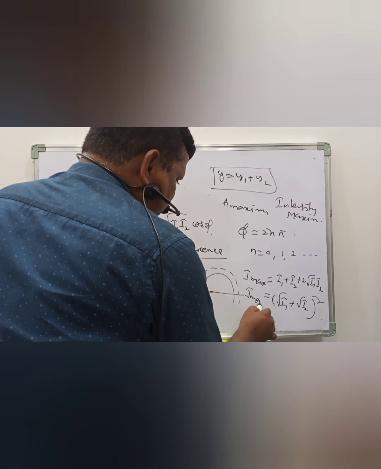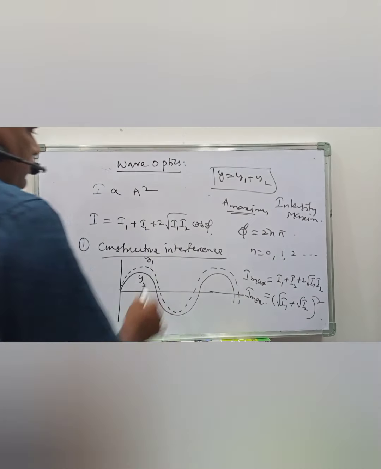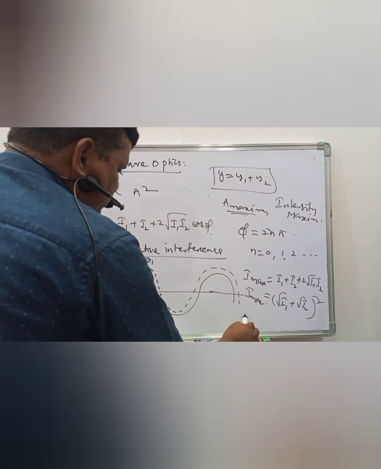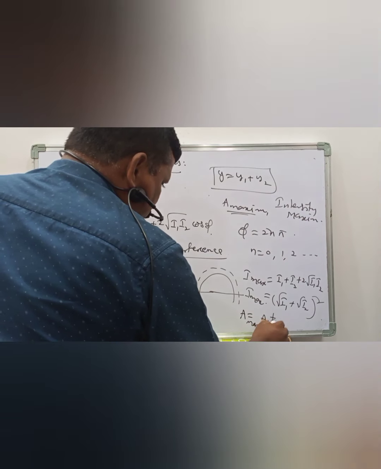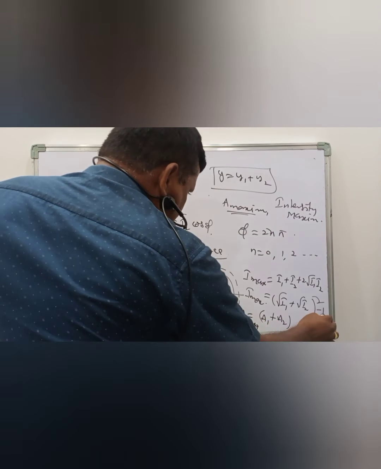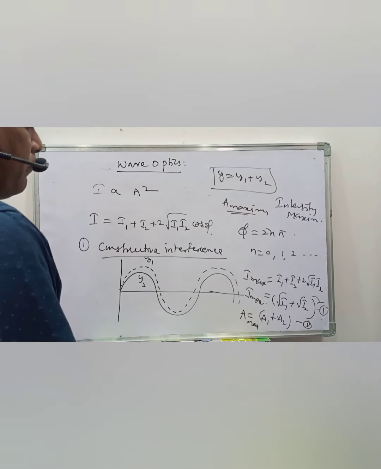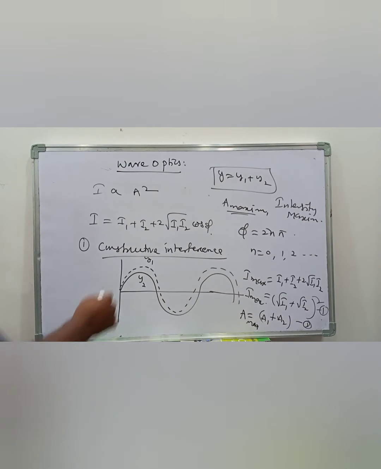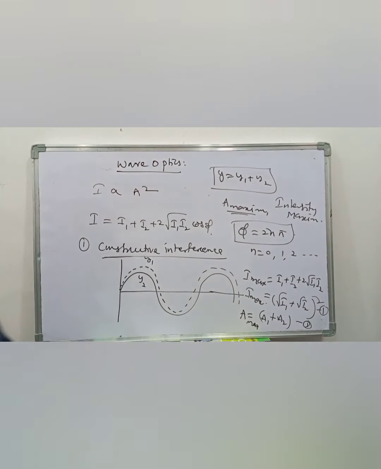In a similar way, we can write the maximum amplitude, A maximum = A1 + A2. So this is the maximum intensity and maximum amplitude in the constructive interference pattern, where the phase difference is 2n pi, n = 0, 1, 2, 3, and so on.